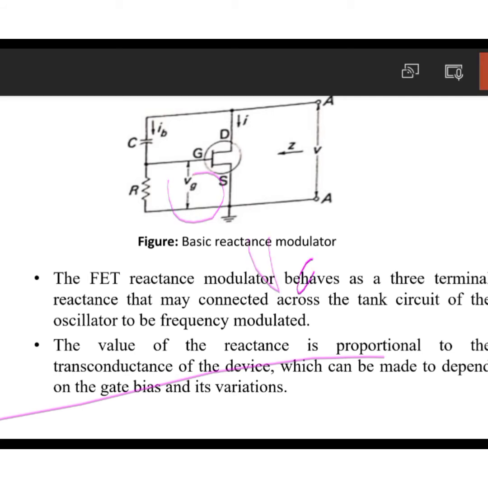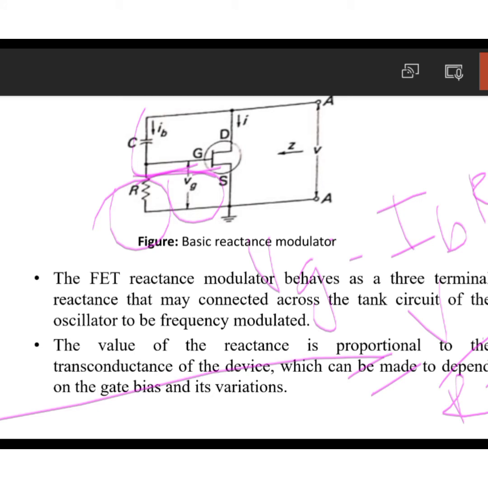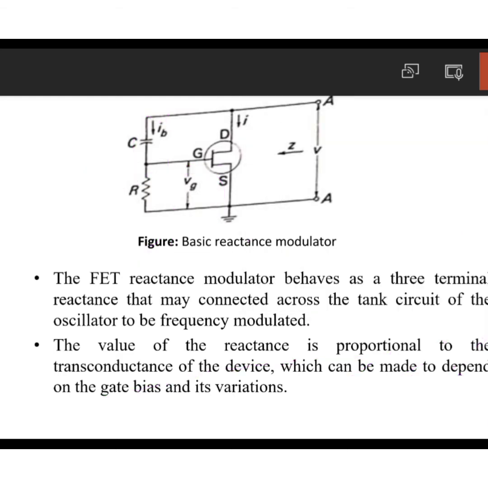Here Vg is nothing but Ib into R, the base current Ib into R. So Ib, we know, is V by R minus jXc, because this term is written in terms of capacitive reactance. So Vg is equal to RV divided by R minus jXc.